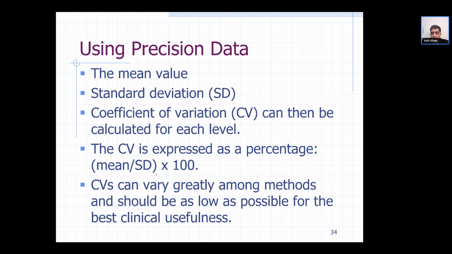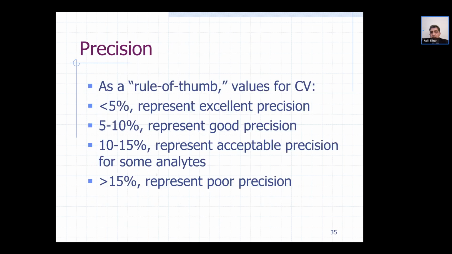CVs can vary between different methods, but ideally they should be as low as possible for clinical usefulness. As a rule, less than 5% represents excellent precision, 5 to 10% is good precision, 10 to 15% represents acceptable precision for some analytes, and greater than 15% is poor precision.